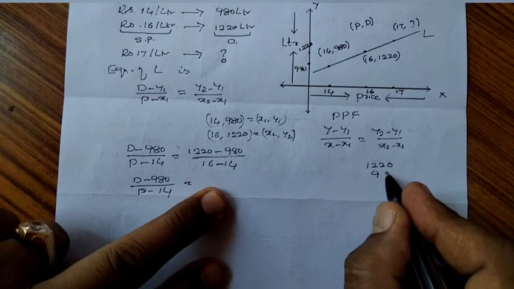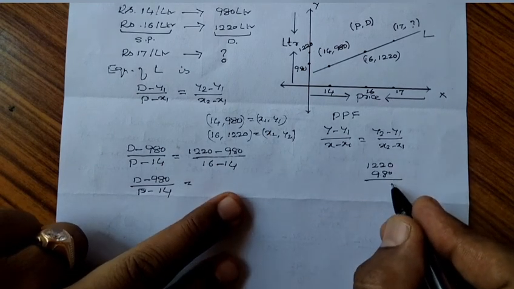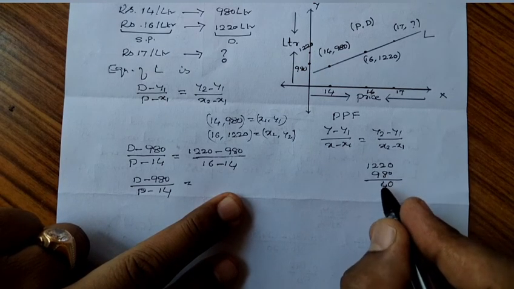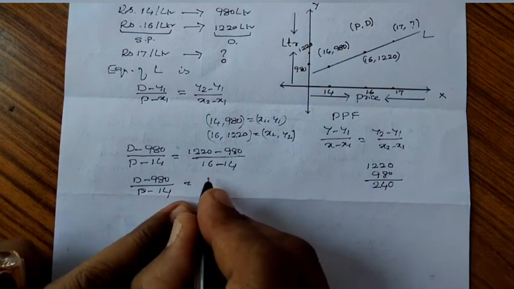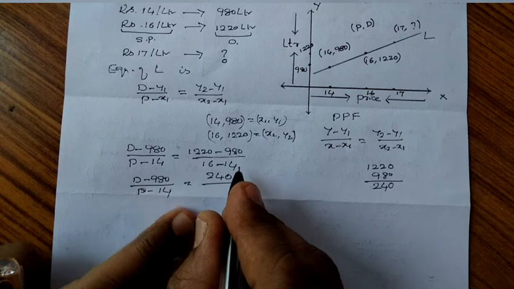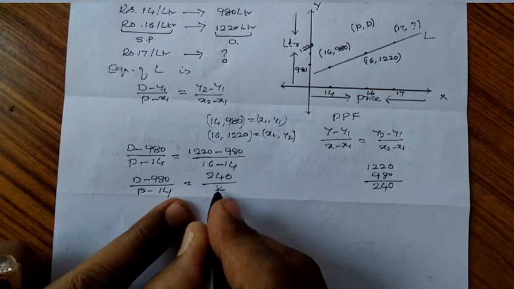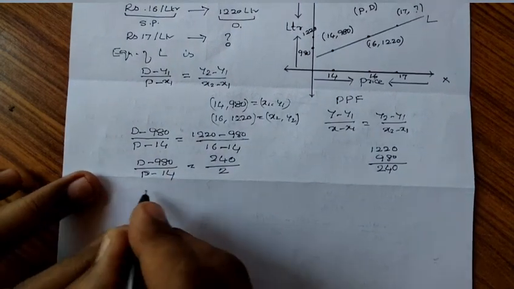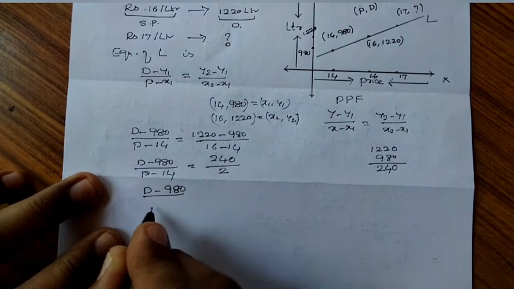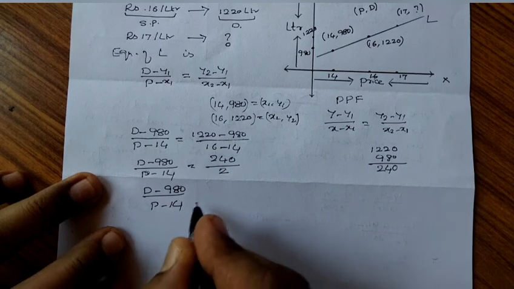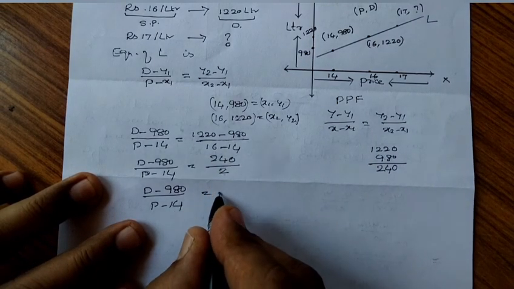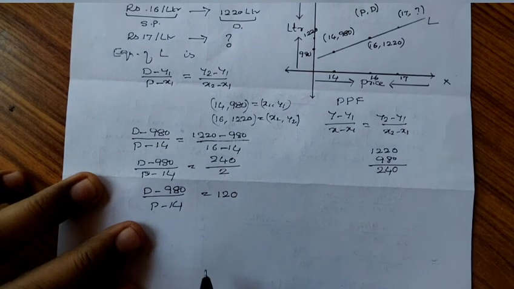Next, write as it is: D minus 980 divided by P minus 14 equals 1220 minus 980. By subtracting, we get 240 in the numerator. In the denominator, 16 minus 14 is 2. Next, D minus 980 upon P minus 14 equals 240 divided by 2, which gives 120.